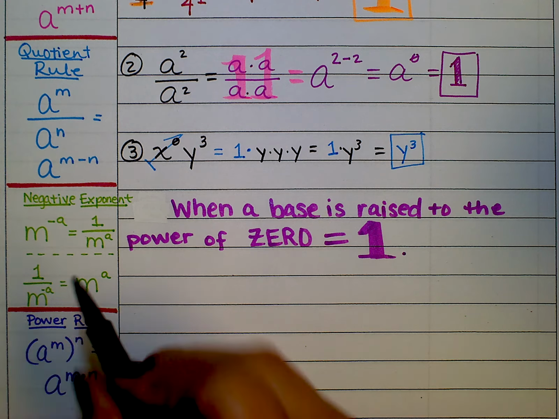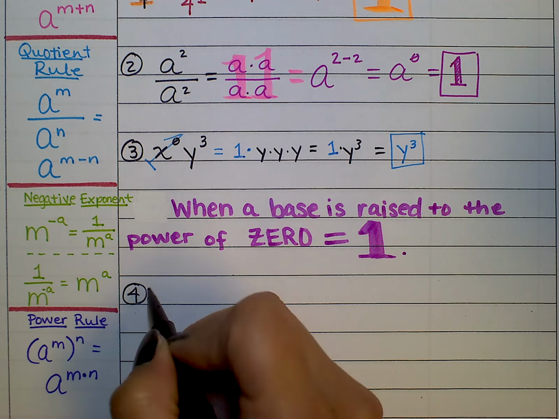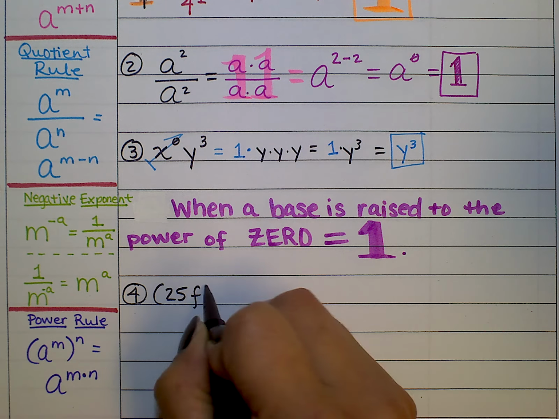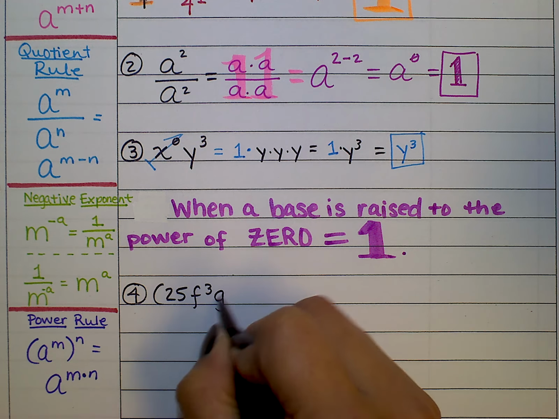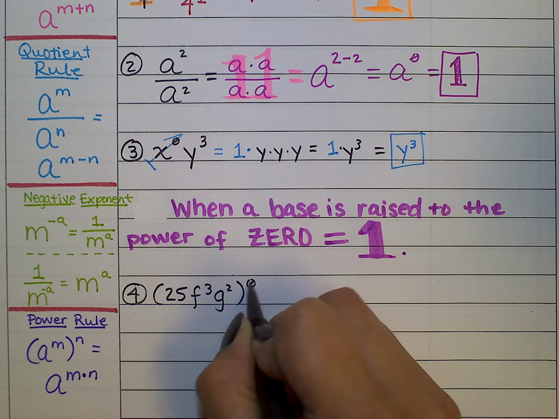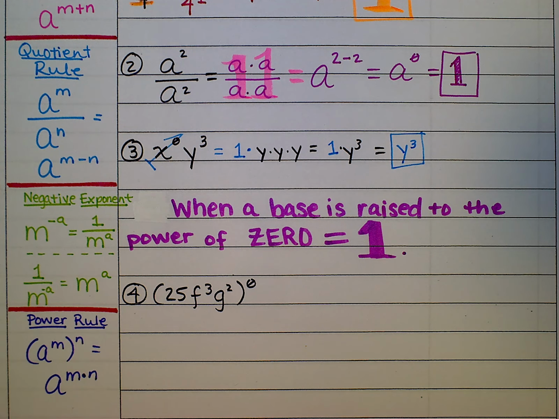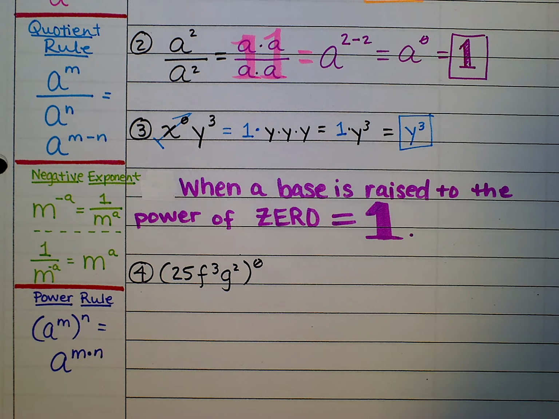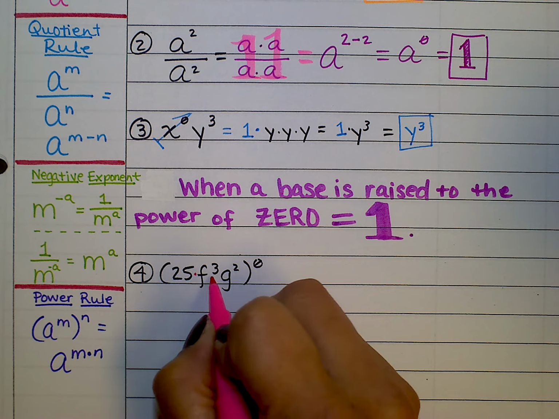So therefore, our last example, what if I gave you a group of 25 f cubed g squared, all being raised to the power of 0? Well, I could simply use my power rule, and that was what we were talking about yesterday, that we can more or less distribute this out to each and every one of these factors.